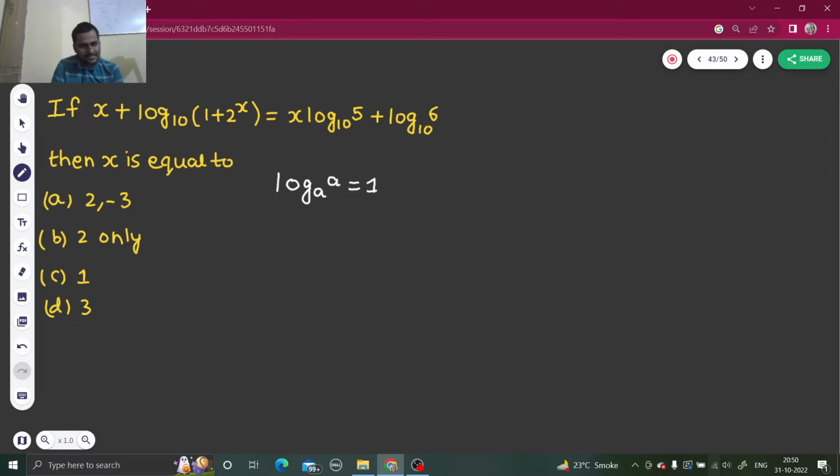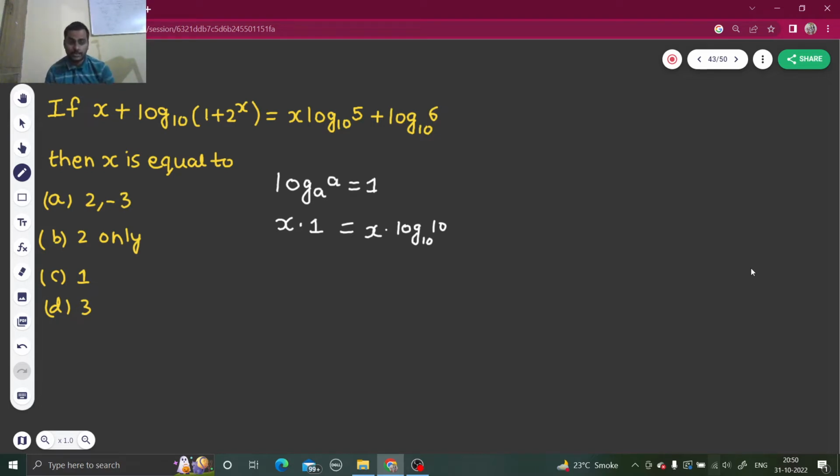So x, which is present there, we can always write as x into 1, and if I am interested in log base 10, I can write this 1 as log 10 to the base 10, isn't it?